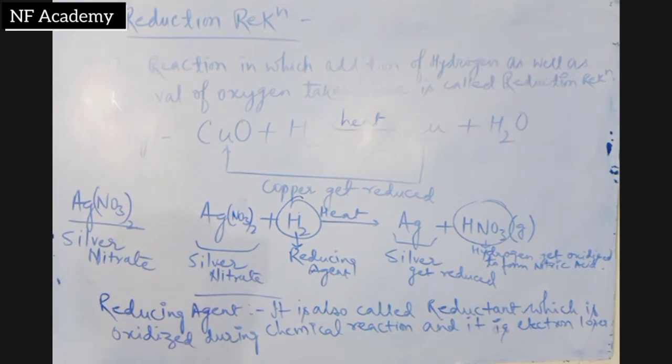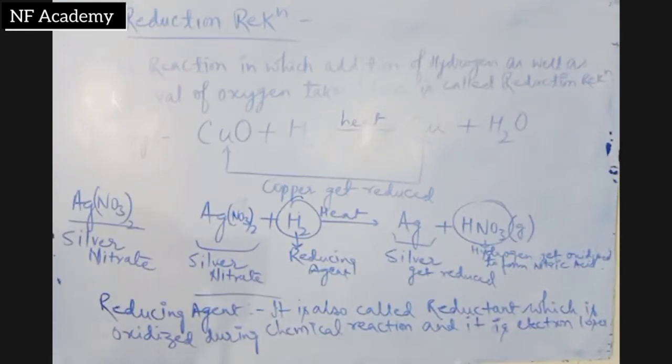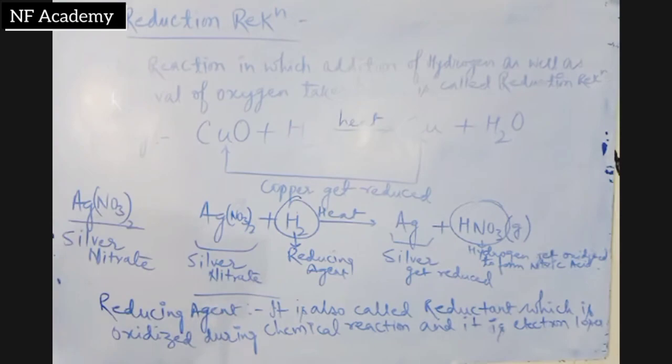Silver, platinum, gold are also known as noble metals. They usually do not react if left for a long time, but this nitrate, which usually exists in our atmosphere, reacts with silver in an easier manner compared to oxygen and other compounds or gases.